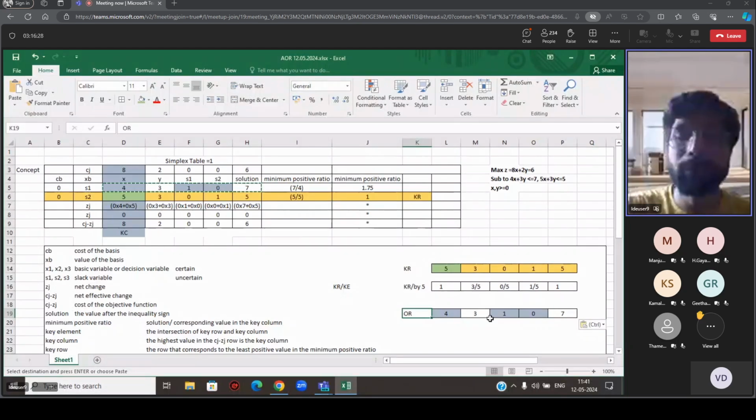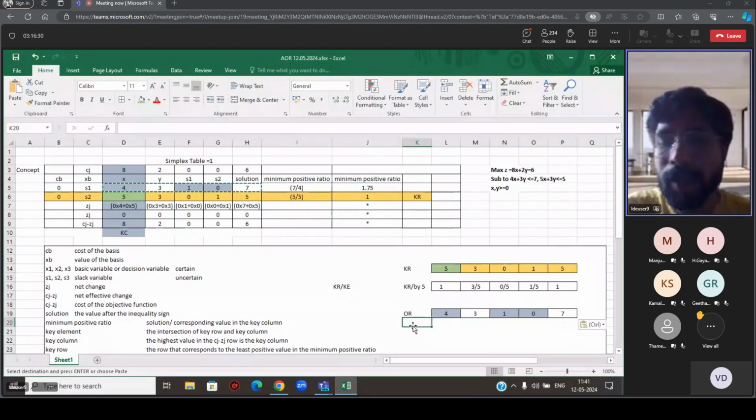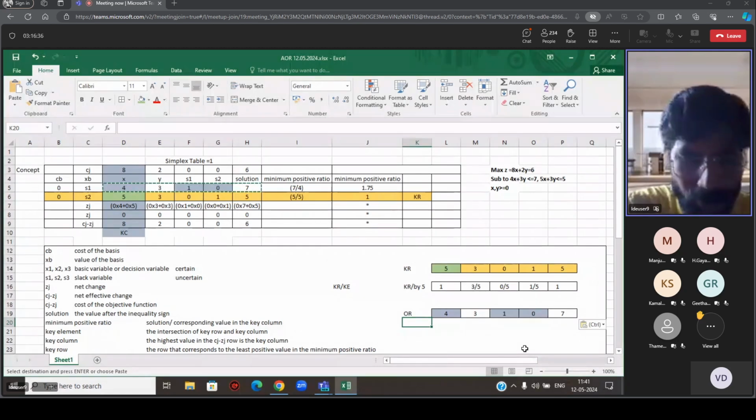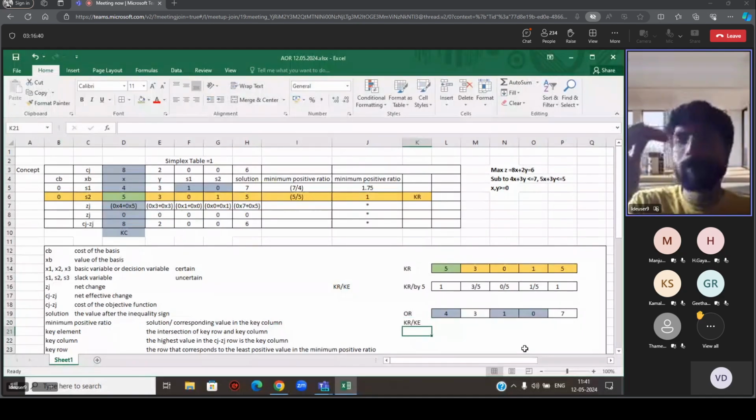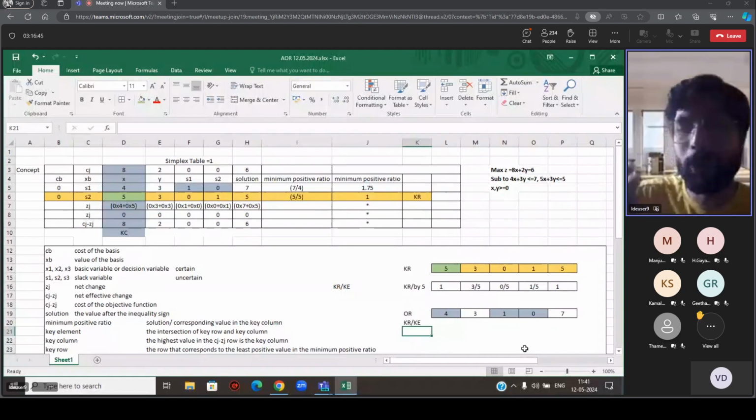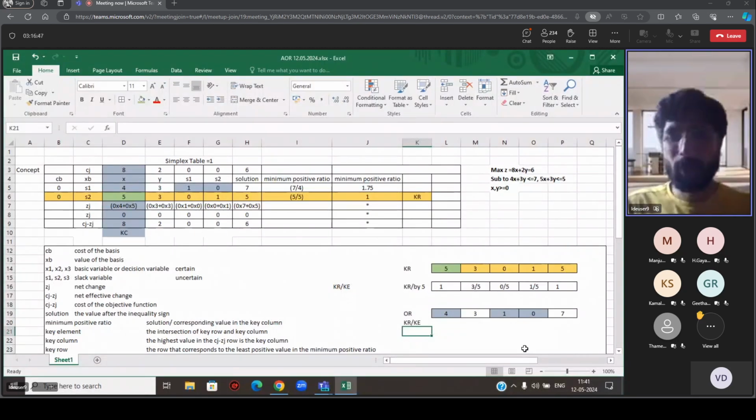Then what you need to do, you have to write one more row below it. Which row you have to write? You have to write the KR by KE row. Now at this point you can do a check. What is the check?